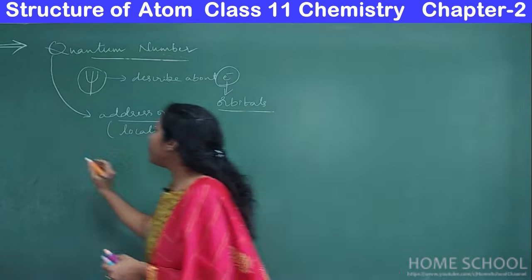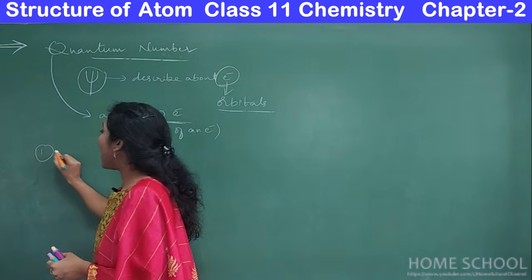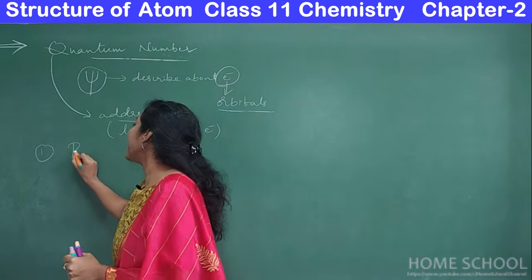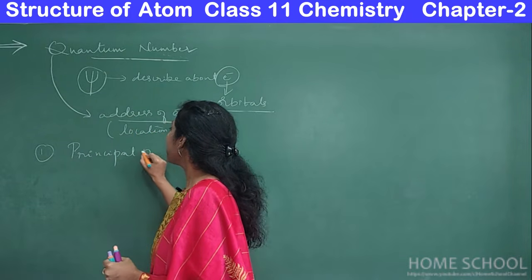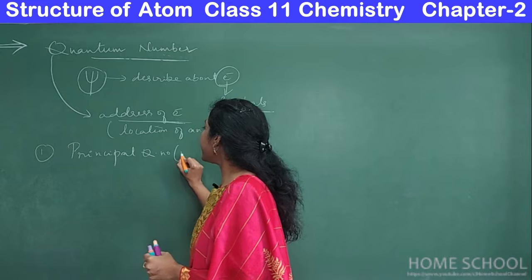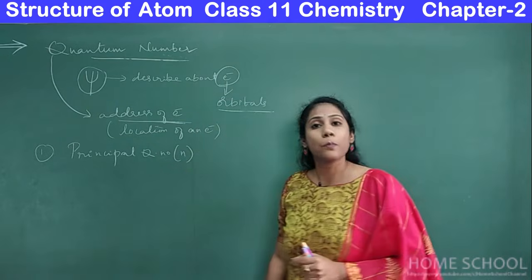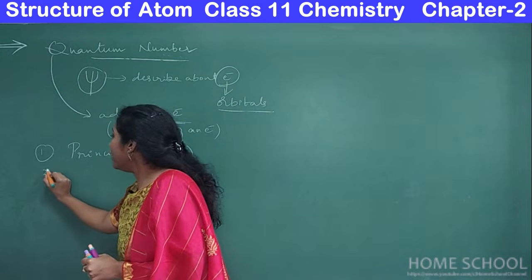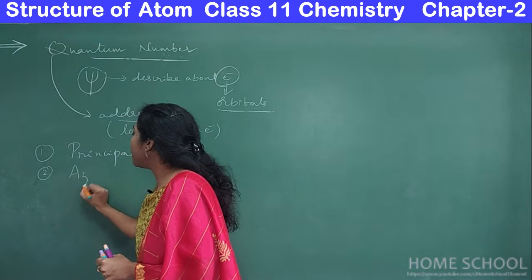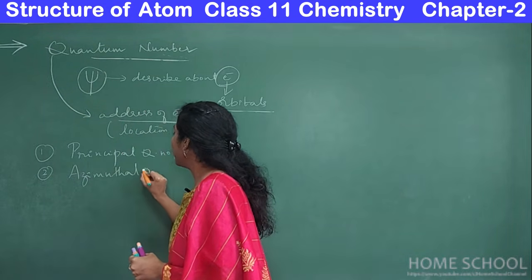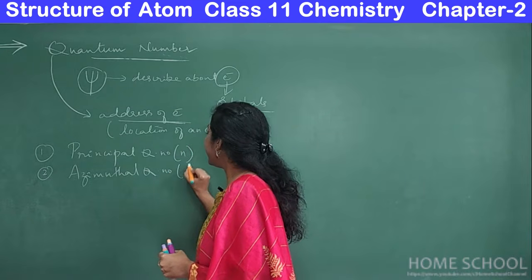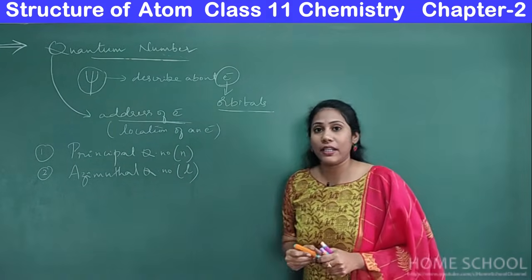And you see here, we have 4 different quantum numbers that we have to study in a detailed way. The 4 quantum numbers are: the principal quantum number, the first quantum number, denoted with the letter small n. The second quantum number, which is very, very important, is the azimuthal quantum number, indicated with the letter small l.